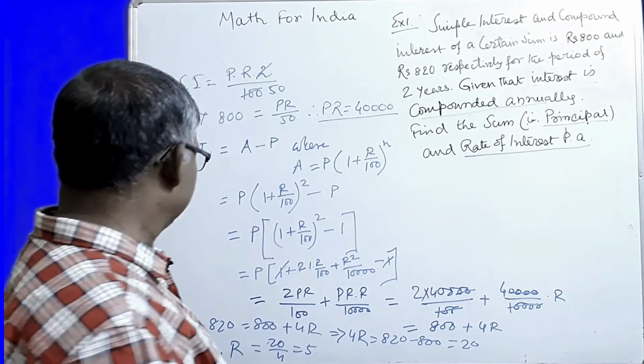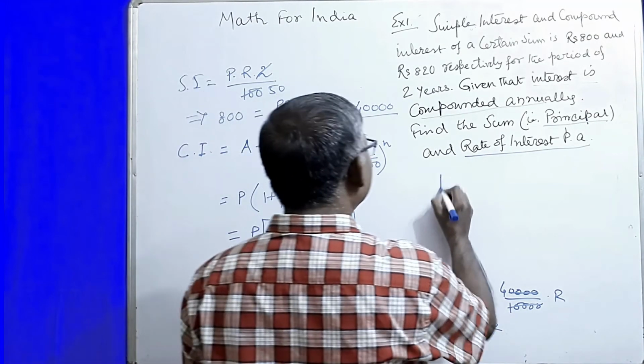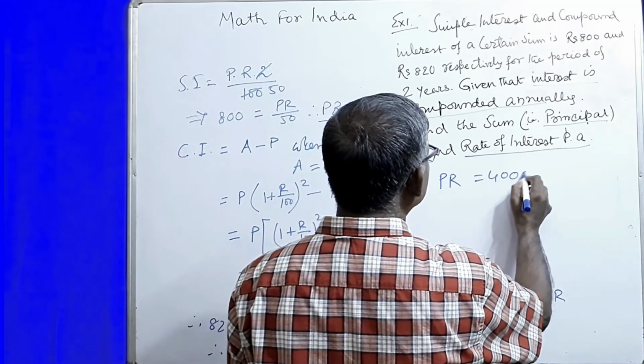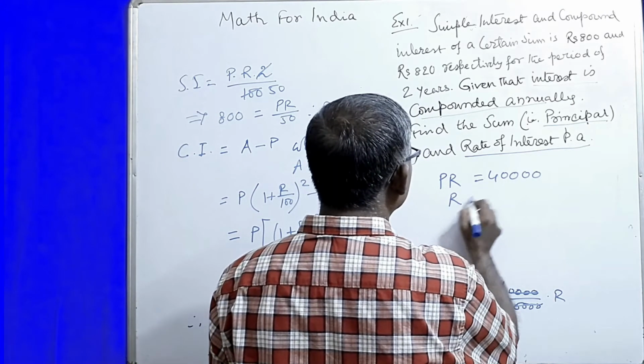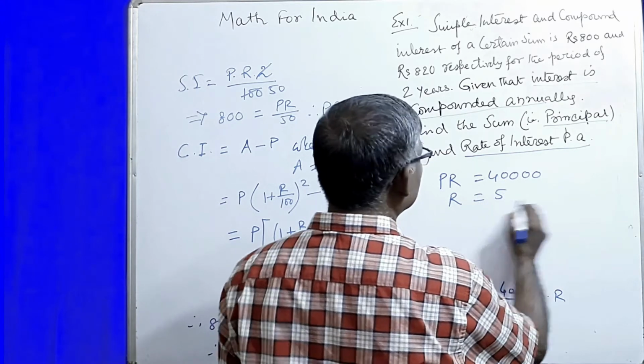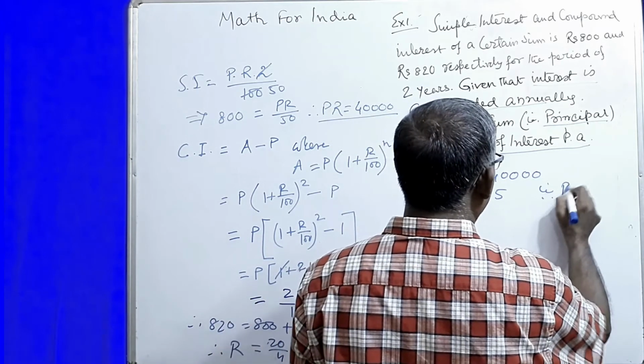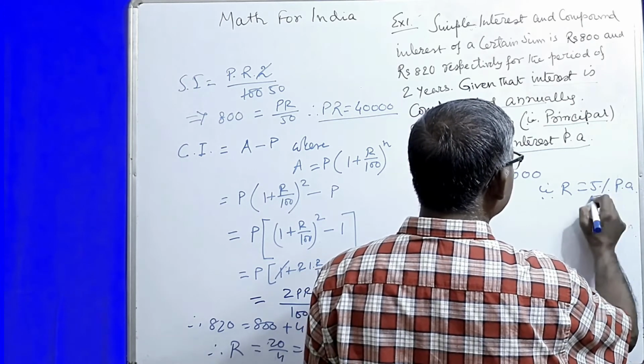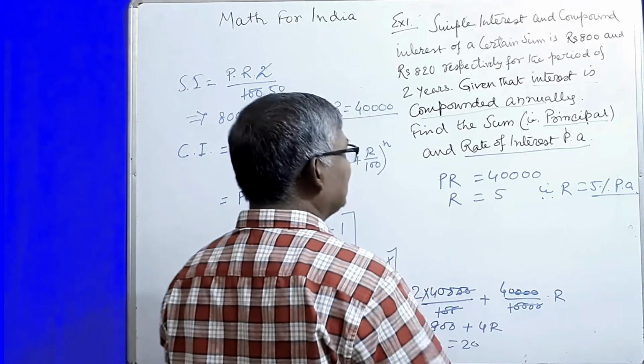Students, what do we get? PR equal to 40,000 and R equal to 5. That is, R equal to 5% per annum. That is rate of interest per annum.